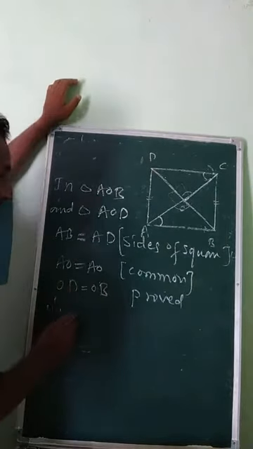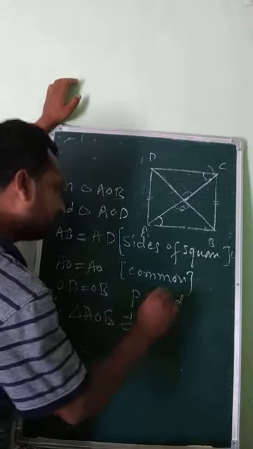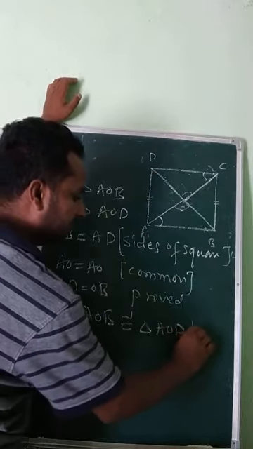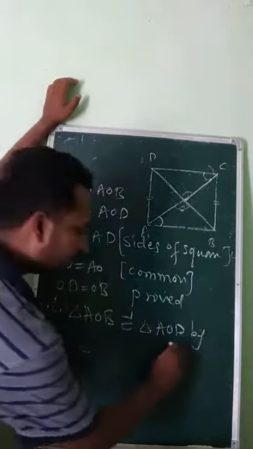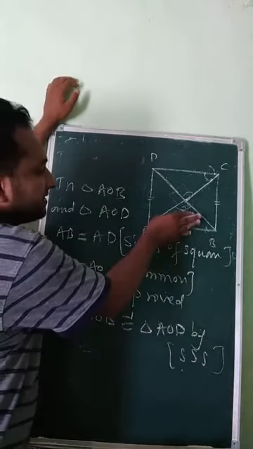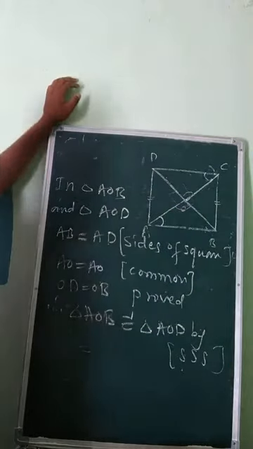Therefore, triangle AOB is congruent to triangle AOD by which rule? By SSS congruence criteria, because three sides of one triangle are equal to the corresponding three sides of the other.